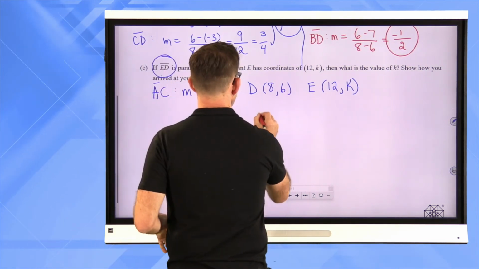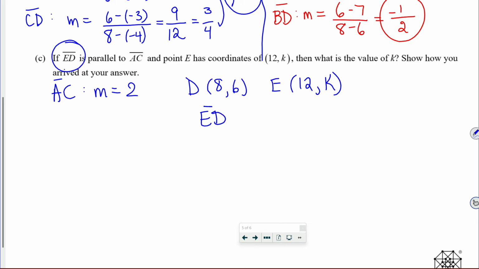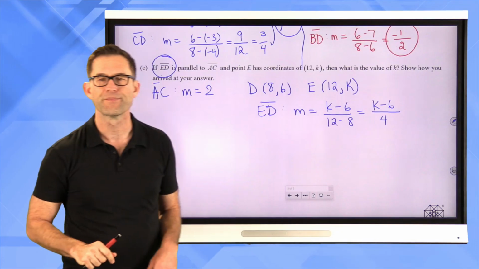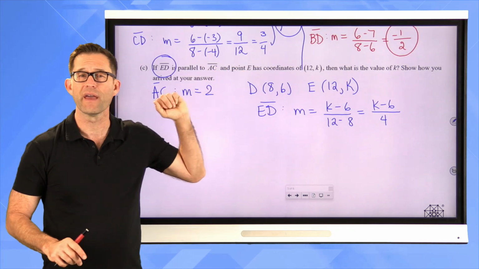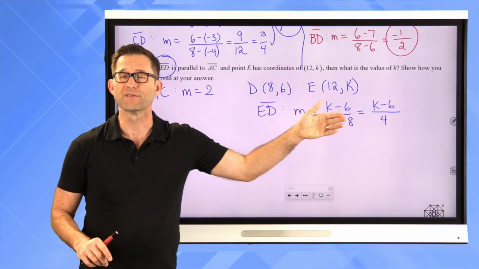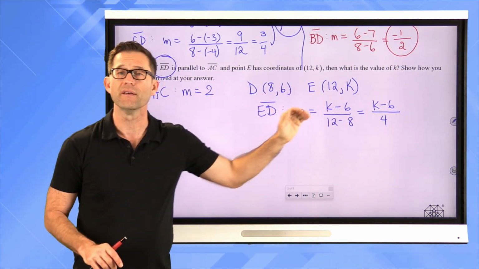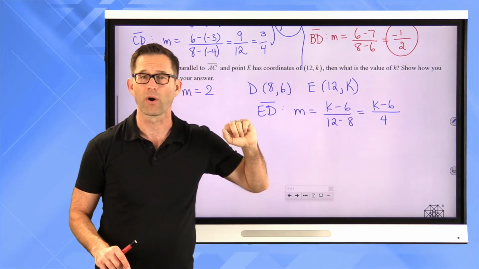Based on these 2 points, ED will have a slope of K minus 6 all over 12 minus 8. Now, there's not a lot I can do with the numerator. I'm just going to leave that as K minus 6, but at least the denominator I can simplify to be equal to 4. So whatever K is, forget about the fact that it's parallel to AC. Whatever K is, the slope of segment ED is K minus 6 divided by 4.